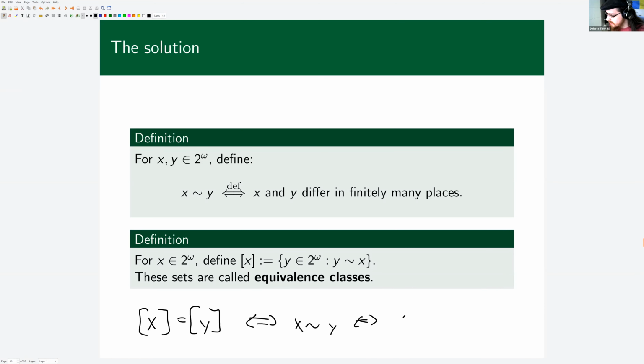And this is also the same as saying that they have non-empty intersection. So if they intersect somewhere, then it must be because they're actually the same. Right? So this relation gives you some equivalence classes. These are non-empty sets. It's a collection of non-empty sets. You know where I'm going with this?